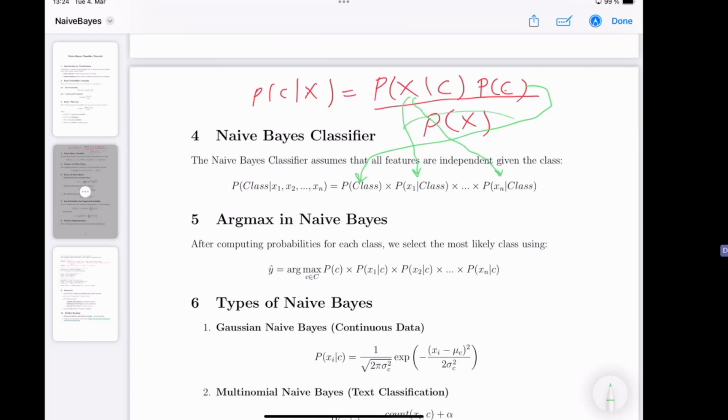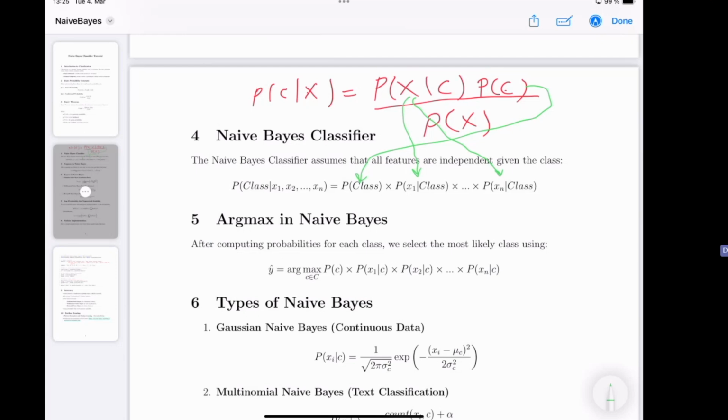But you don't see the denominator because it's constant. Why do I say it is constant? It is constant because we are going to compare the probabilities of different classes given the characteristics of our subset to see which of them is more probable. So the denominator is redundant there.